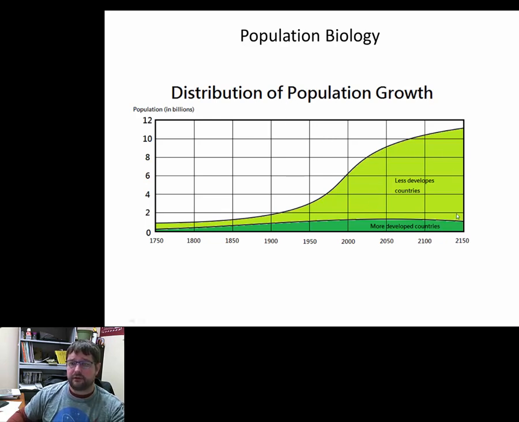Instead, they're going to have a drop in the number of offspring that they need to have, and you'll see that they're more like developed countries. At one time, the United States was a less developed country, and people were reproducing a massive number of offspring.